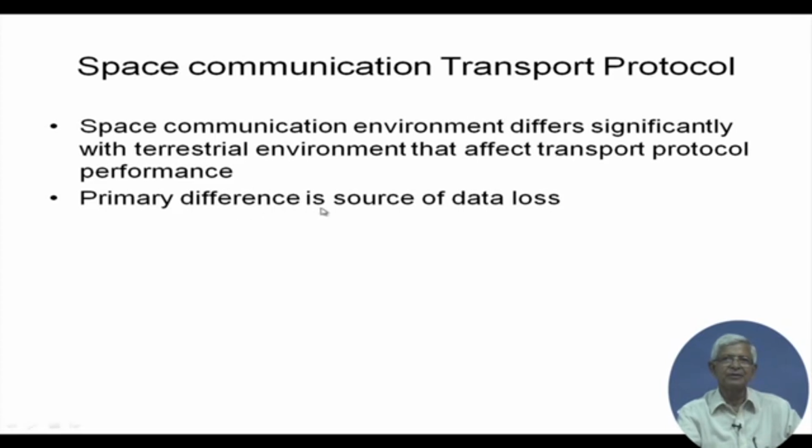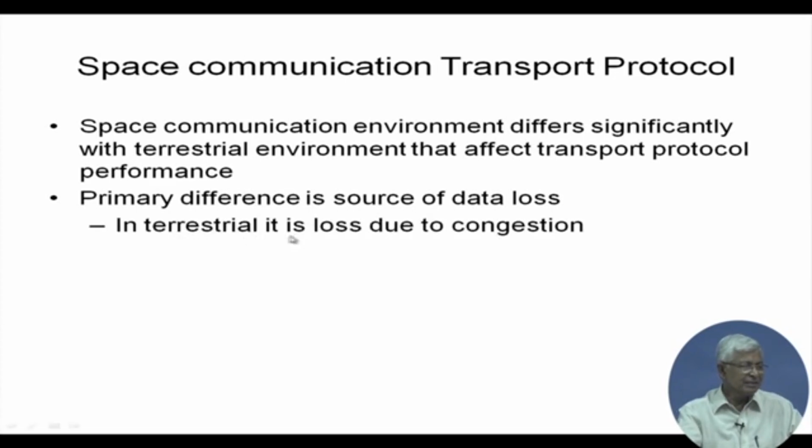The primary difference is the source of data loss, because we have seen the satellite link is an error prone link, and we have seen that it is an intermittent connection. We have also seen that network capacity is limited. So, because of that, there may be certain data losses which may not always be congestion. There is also the possibility of congestion.